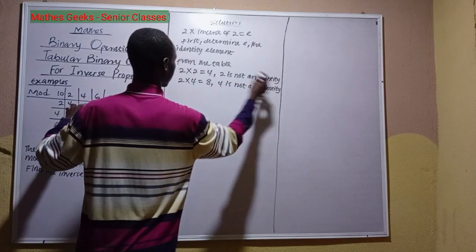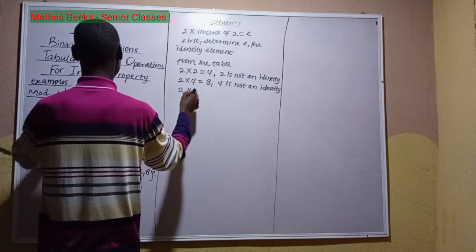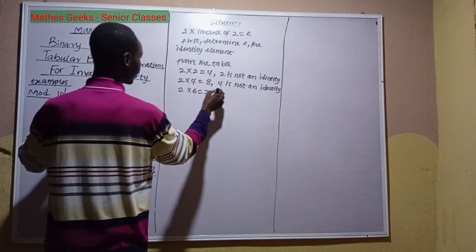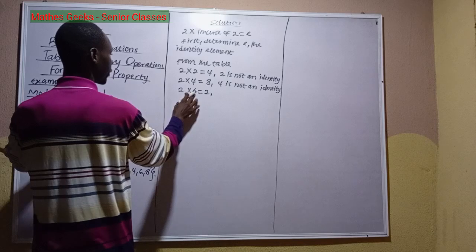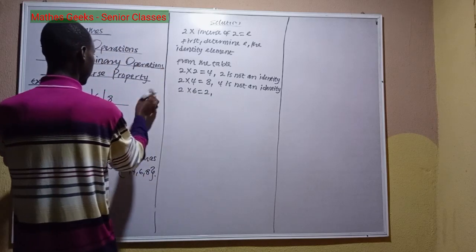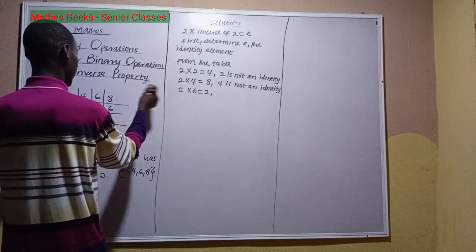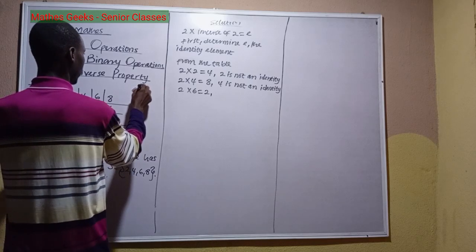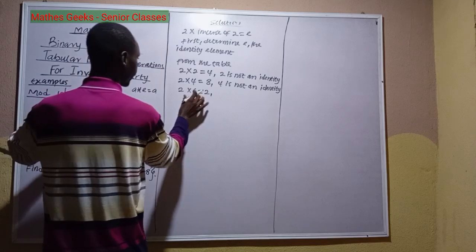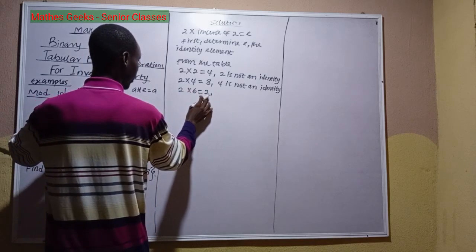2 times 6, modulo 10, is 2. Now, 2 multiplied by 6 will give us 2. And the identity property says that A operation E should give us A. So here 2 multiplied by 6 is giving us 2.